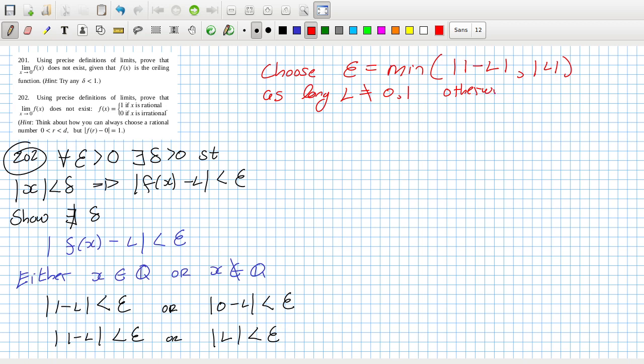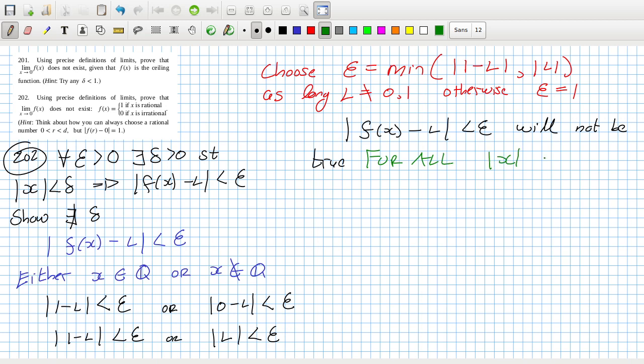Otherwise, choose epsilon to be 1. So then what will happen is that f(x) minus L less than epsilon will not be true for all x less than delta, for any delta.